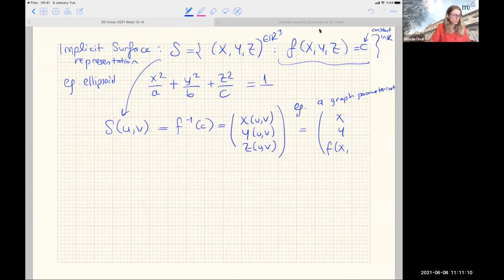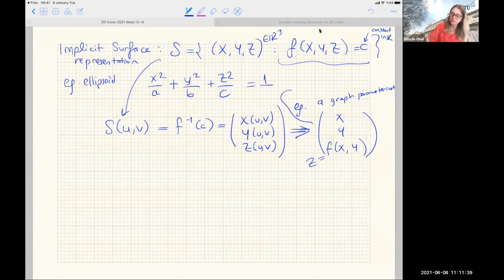So z is equal to f of x, y. This is also another parameterization.